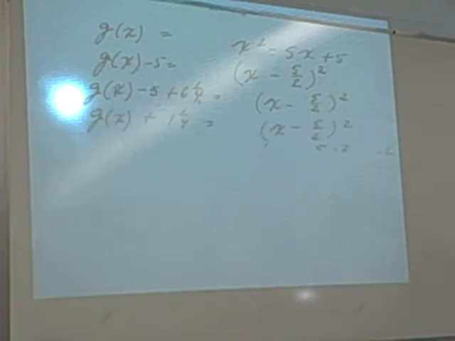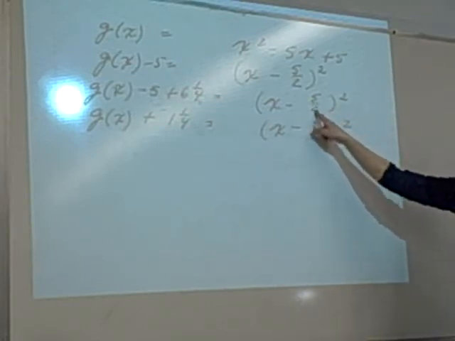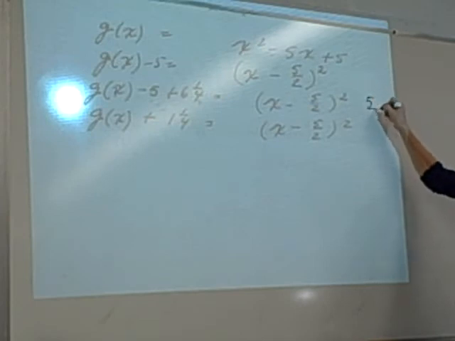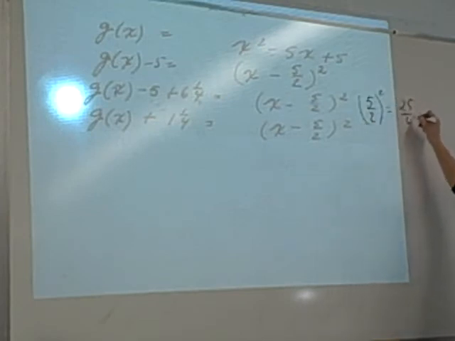So you have (x - 5/2) squared plus 1 and a quarter. Well, the 1 and a quarter is on the other side, so you subtract it, so it's negative, right? (5/2) squared is equal to 25 fourths, which is equal to 6 and a quarter.